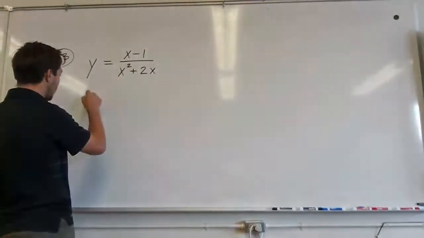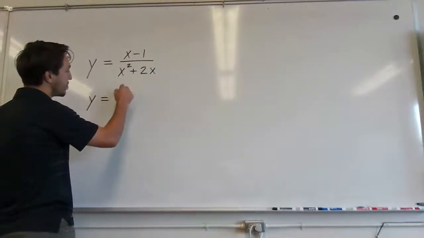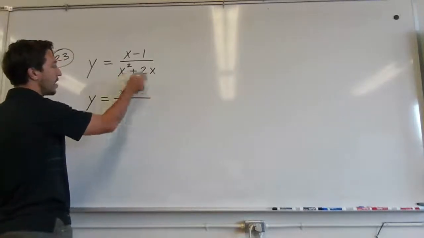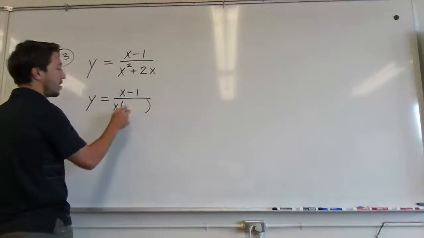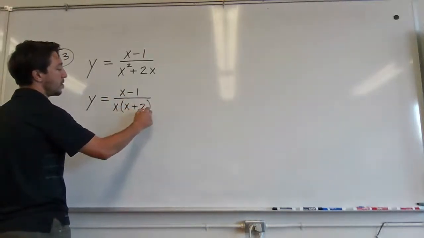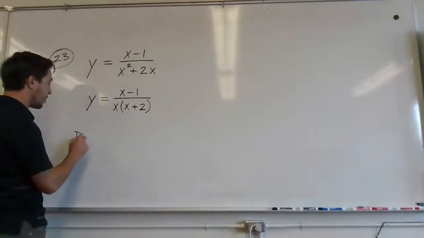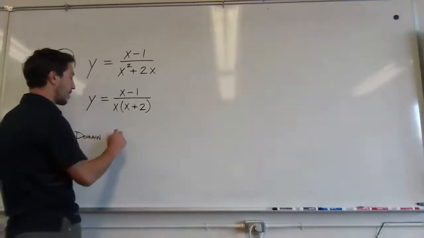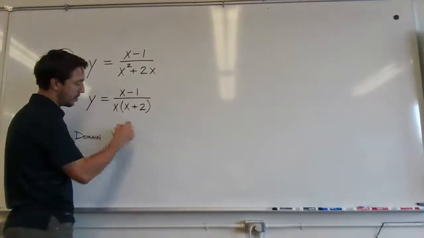What's the first thing we should do with this function? We should factor the bottom because you can factor it. It's going to probably give us some more information. They both have an x in them. Factor that out. So you have x plus 2. So, let's get the domain. x cannot be what? It can't be 0.